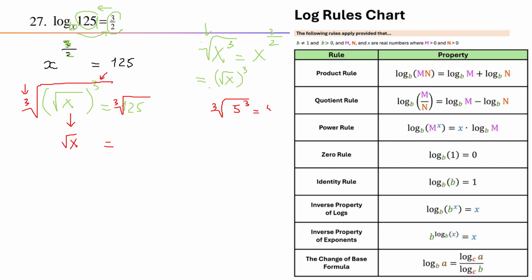Okay, you can write 3 divided by 3, that is 1. 5 to the power of 1, that is 5. That is the reason we cancel this 3 and this 3. Okay, so this is equal to 5. Now, if you want to solve for x, you have to square both sides so that you will have x equal 25.